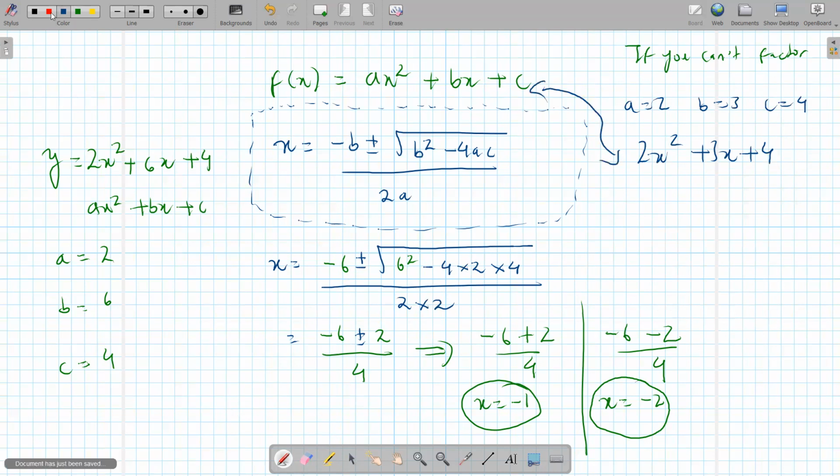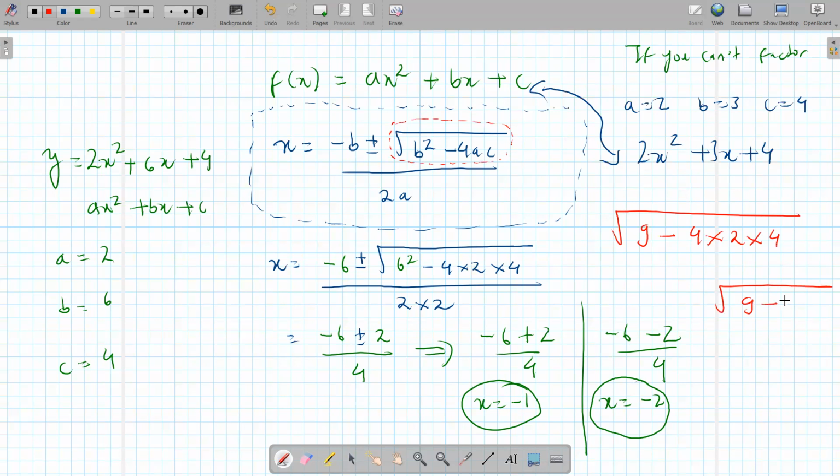Now let's try plugging this in the quadratic formula and see what we get. In fact, I'm only interested in this bit here. So we have the square root of b squared, so that's 9, minus 4 times a, which is 2, times c, which is 4. So we have 9 minus 32, so that is negative 23.